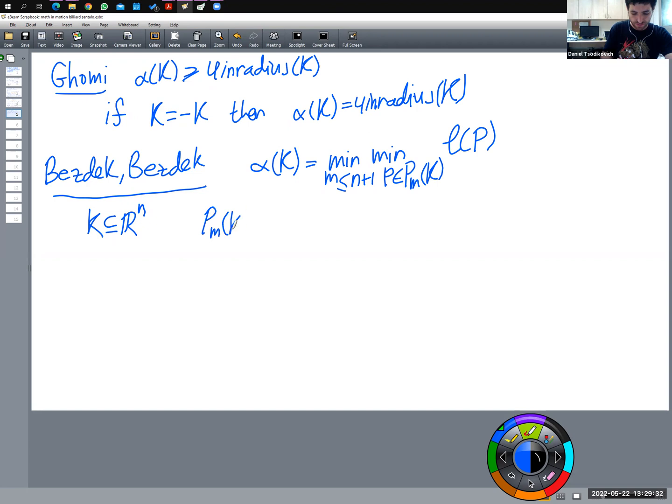PmK is the set of all configurations Q0 to Qm.